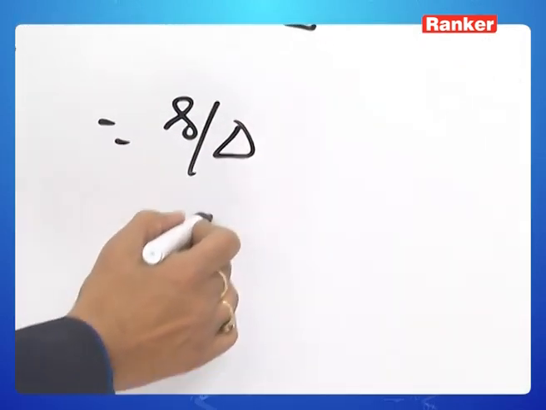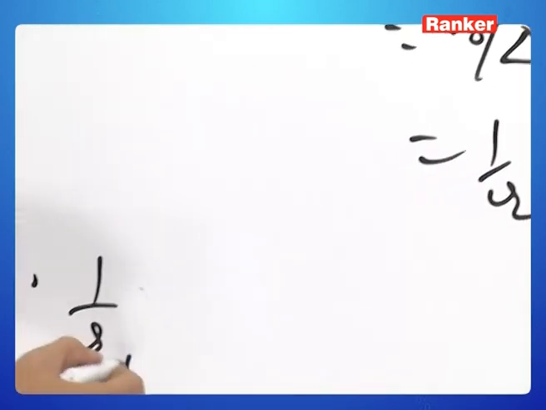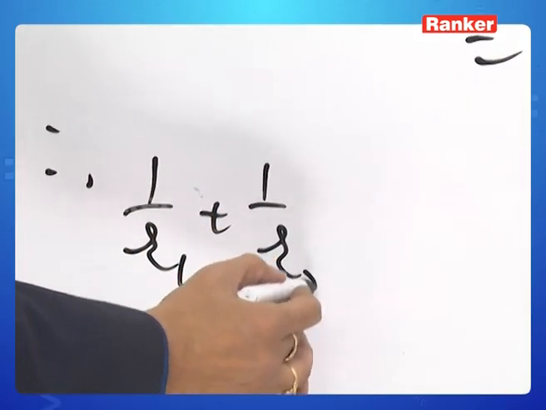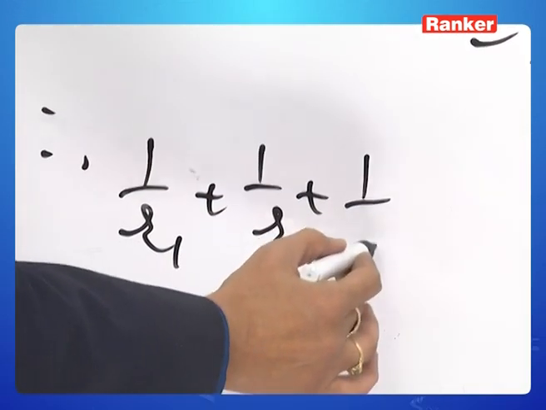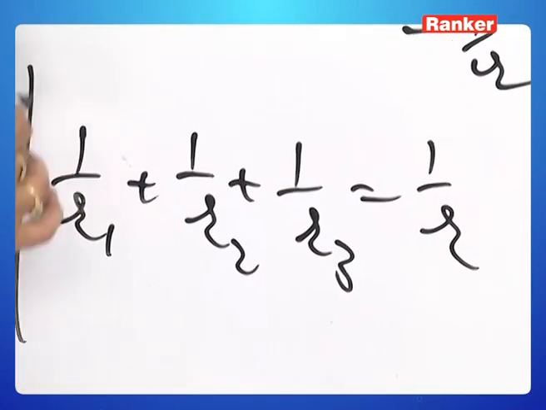But s by delta is nothing but 1 by r. Hence, we are able to have a beautiful result regarding this. 1 by r1 plus 1 by r2 plus 1 by r3 is equal to 1 by r.